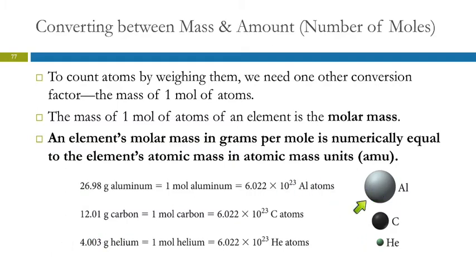So this would be like a truck full of grapefruit, and here's a truck full of oranges, and this would be a truck full of, I guess, kumquats, right? Those little weird little guys, right? If you had the same number of each fruit, they would have different overall masses because each piece of fruit is a different mass. Does that make sense? So the mole is talking about a number of things, okay?